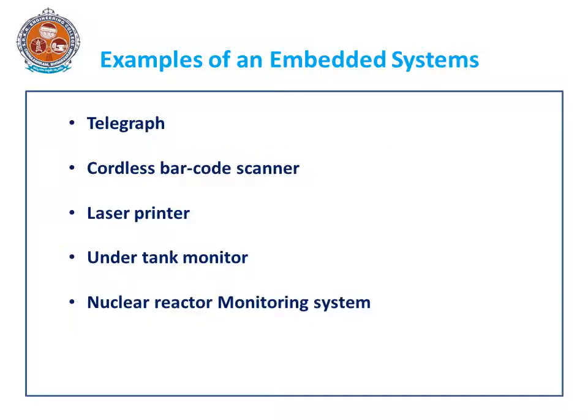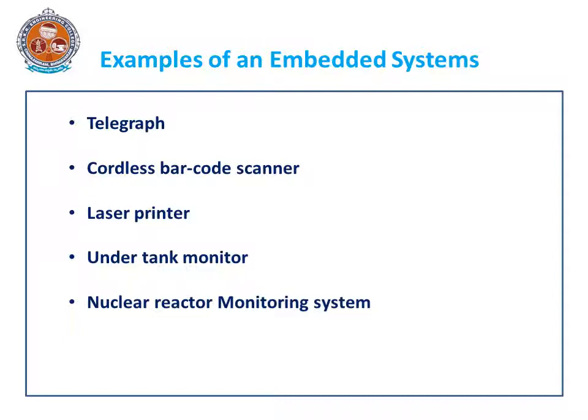Now coming to the topic, examples of embedded systems. Here four examples are discussed. First, the telegraph. Telegraphs allow you to connect a printer that has only a high-speed serial port to a network.